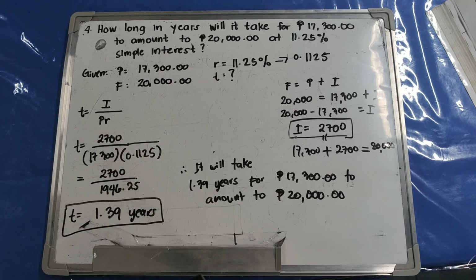Therefore, it will take 1.39 years for 17,300 to amount to 20,000 pesos.